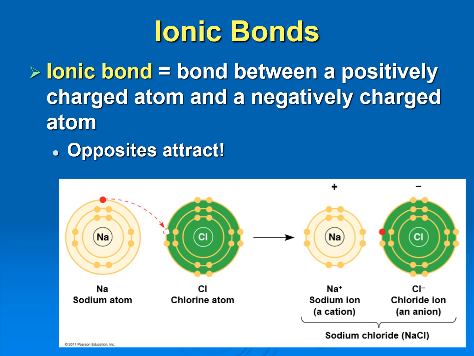So for example, if you have a sodium ion and a chloride ion, that positive charge and that negative charge will attract each other, and they will form an ionic bond between them, and that's going to form our table salt.